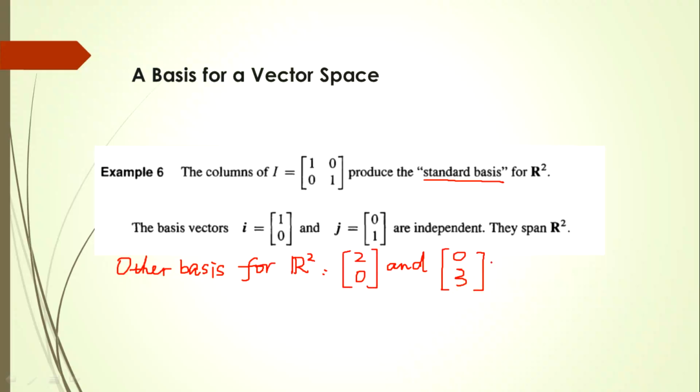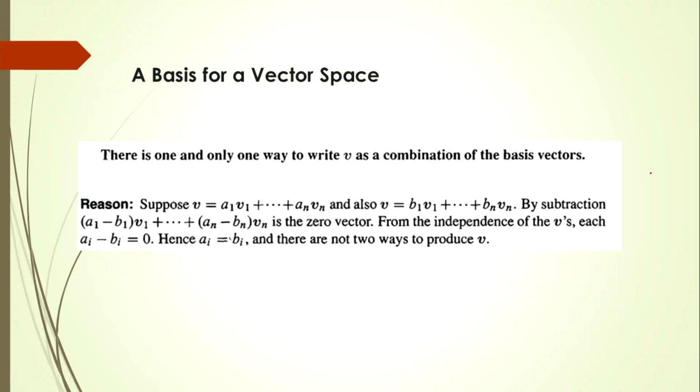Now let's check more about the basis. There is one and only one way to write v as a combination of the basis vectors. If v1, v2, until vn are basis vectors for Rn, be careful here, we didn't call it a standard basis. Standard basis is a special one, which means each vector has length 1.